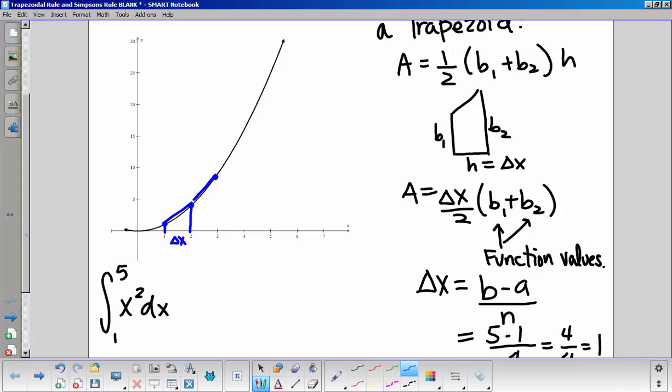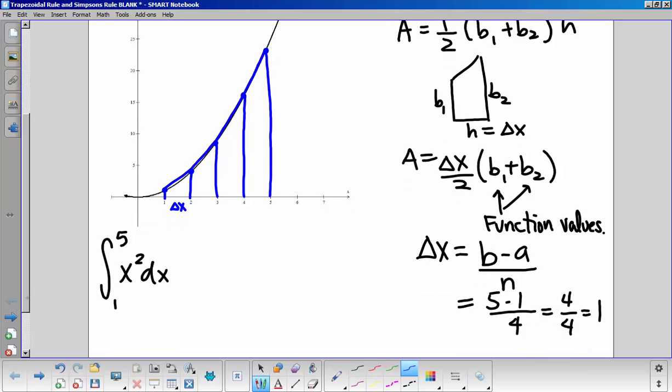We're going to make 4 of them here, because we're going all the way to 5 with widths of 1. Now, just based on your observation, we have 4 trapezoids. The areas are looking a lot better as an approximation, wouldn't you say, compared to LRAM and RRAM? Yes. And it would be. So let's figure out where these points are.